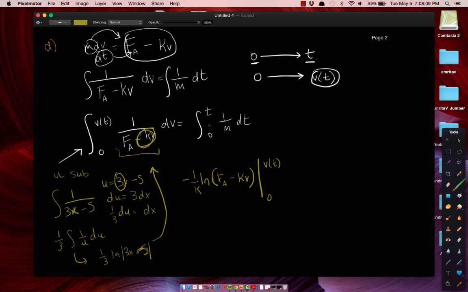And then for this part, it's very simple integration.